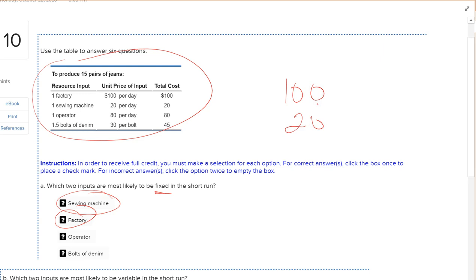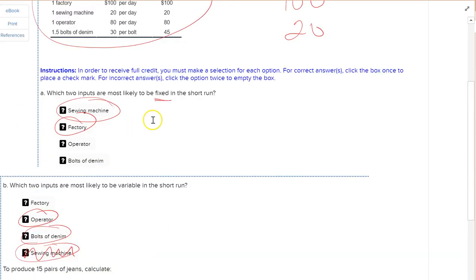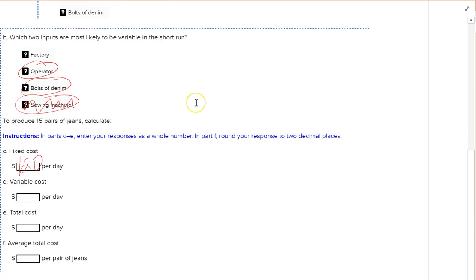So you have fixed input costs of $120 a day. Variable costs are going to be our two inputs that are variable. So our operator and our bolts of denim. And we said that we use 1.5 bolts of denim. So $125 for our variable inputs. Total cost is going to be those two together.